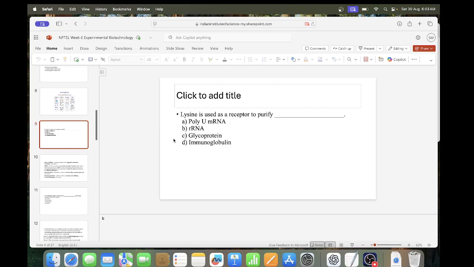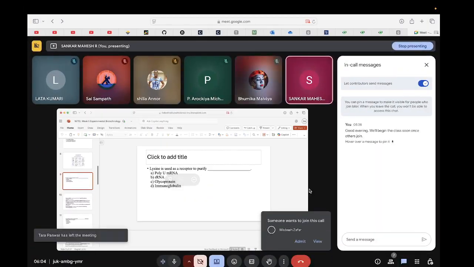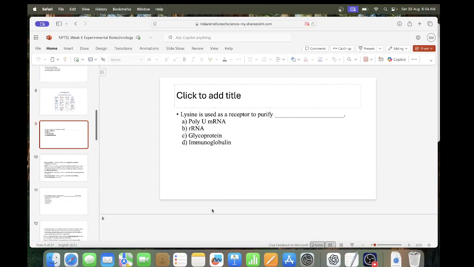I'll just clarify a few things so that you can think what can have good affinity. Poly U mRNA means it has a stretch of multiple U's, and we know the logic of base pairing. So another stretch of oligonucleotide with a particular base can help in binding to this mRNA.